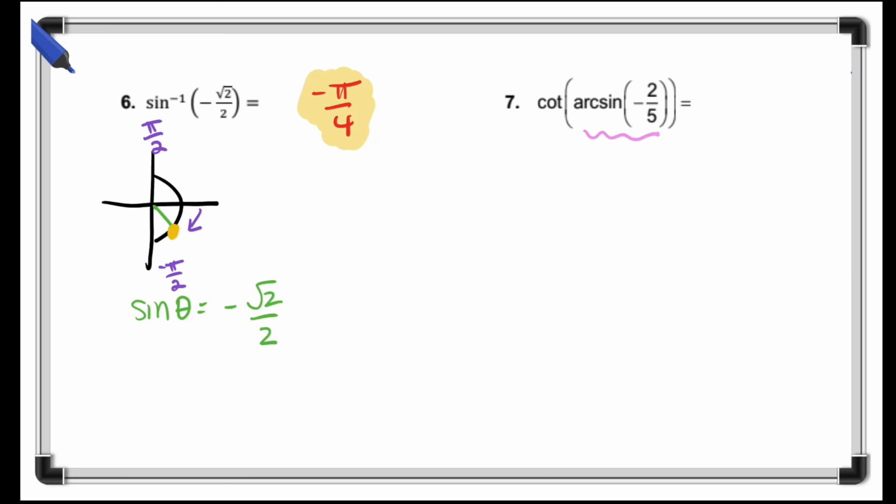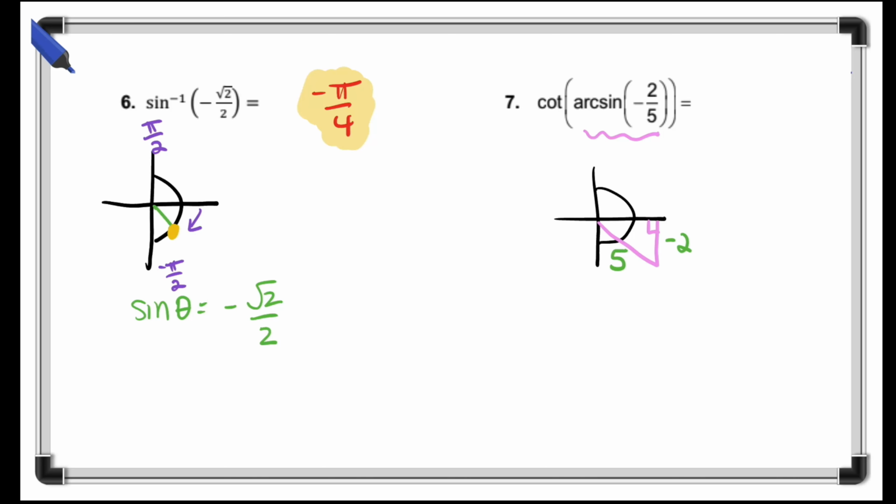So with arc sine, I'm going to remember that I'm looking at either quadrant 1 or 4, which means that my triangle, because I'm looking at sine, for the y being negative, will have to be in quadrant number 4. Now thinking back to sine, sine is opposite over hypotenuse, so negative 2 over 5. The negative is going to go with the 2 and not the 5 because the hypotenuse can never be negative.